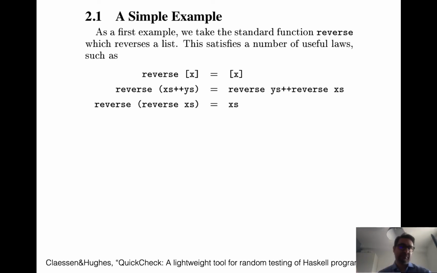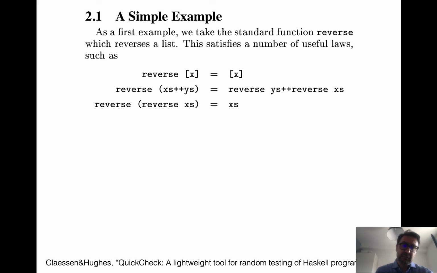This is something that we expect to always be true. If we give it a sequence of length 1 and we reverse that, we should get back the same sequence, right? So this is very clearly true.